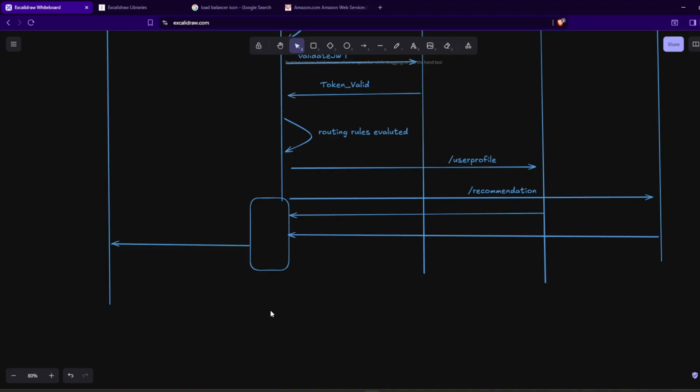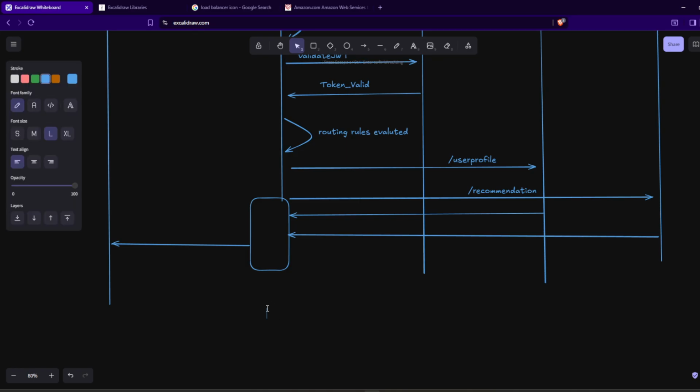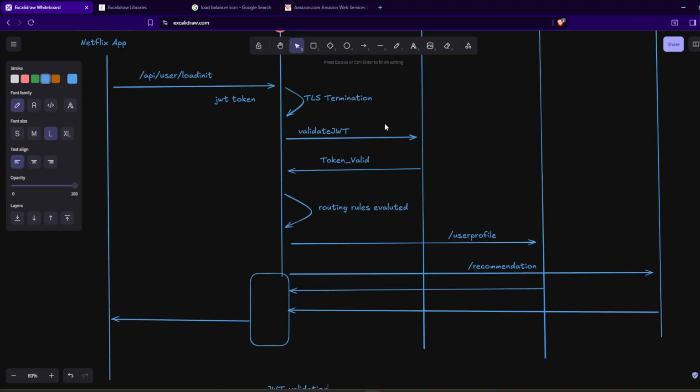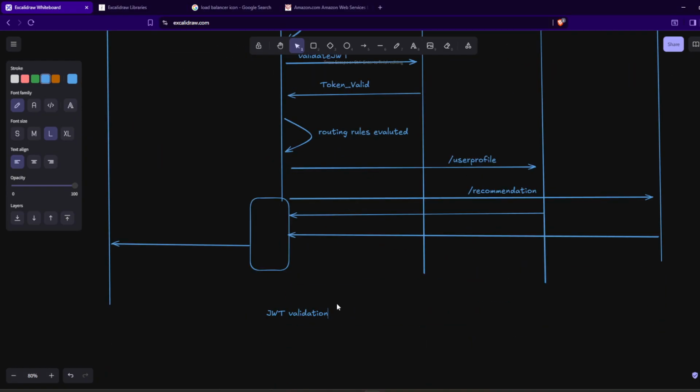So what are the basic features that we covered over here? It was able to do the JWT validation, like the bearer token that has been sent. It also does the path routing, and if required it can do rate limiting.